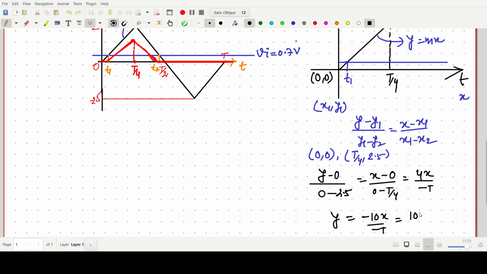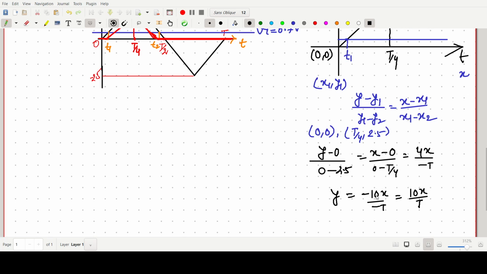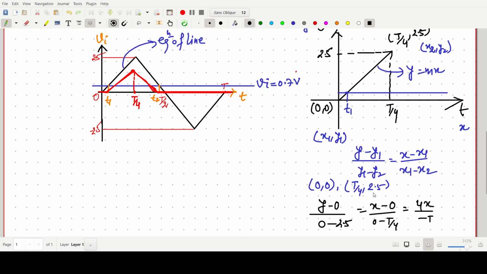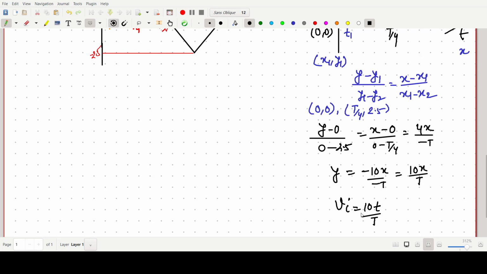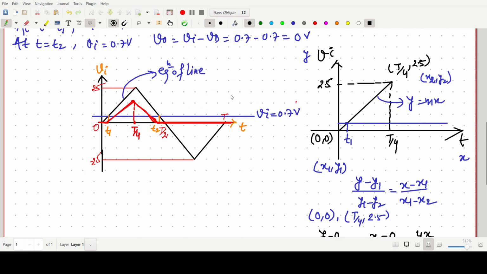So 10x by t. Okay, I have written in terms of y, but okay, so your y is your vertical axis is nothing but simply vi. So y is nothing but simply vi, 10x by t. So this one is the equation, 10t. This equation of line will be 10t by T. That is our vi. Okay, vi equals to 10t by T.